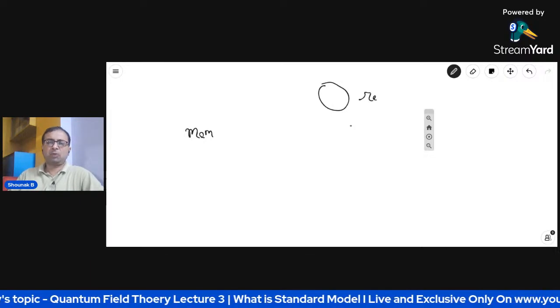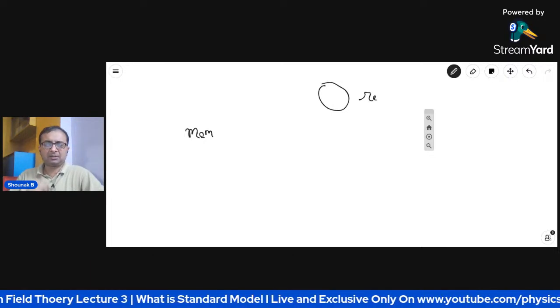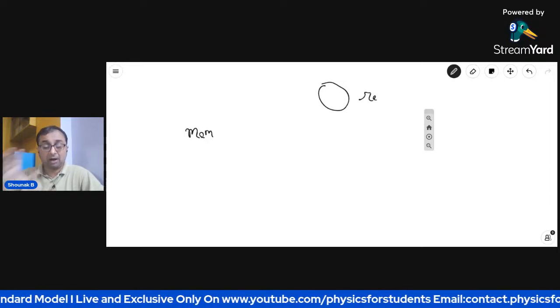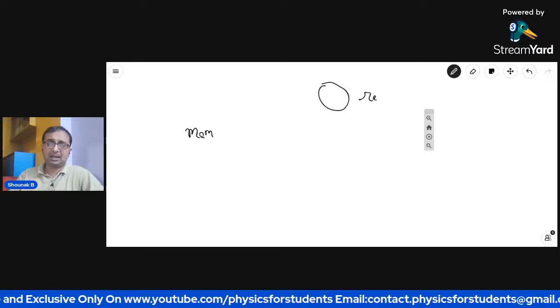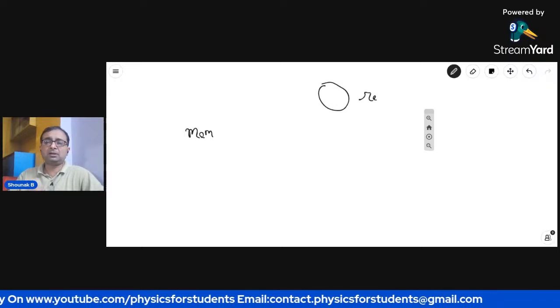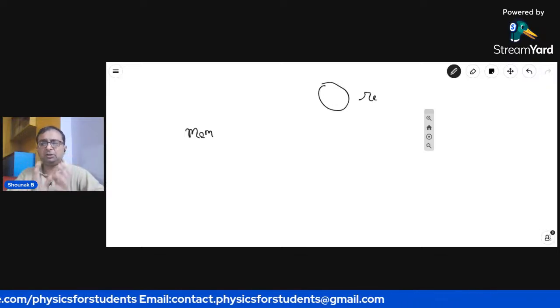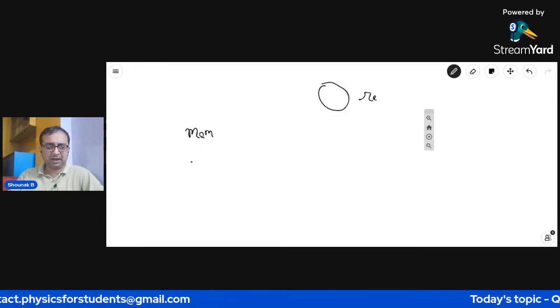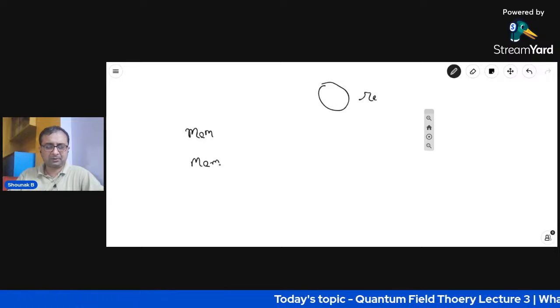So the mass of a charged particle includes the mass energy in its electromagnetic field, and assuming that the particle is a charged spherical shell, I can consider the electromagnetic mass as m sub em.